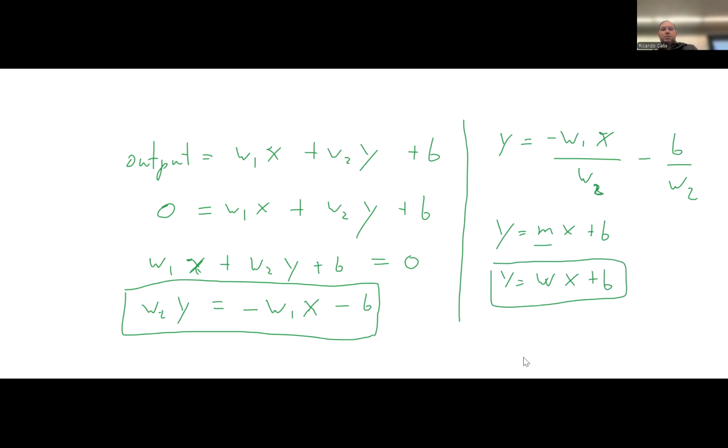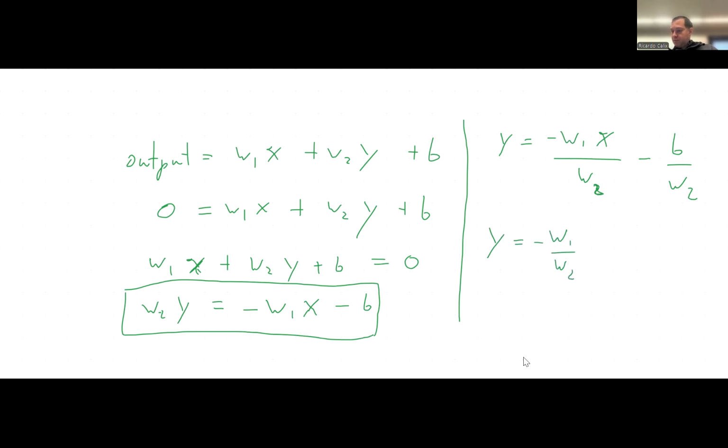So let me just... Okay. All right, so I have that. So this equation becomes, just to simplify it further, minus W1 over W2 X minus B over W2.